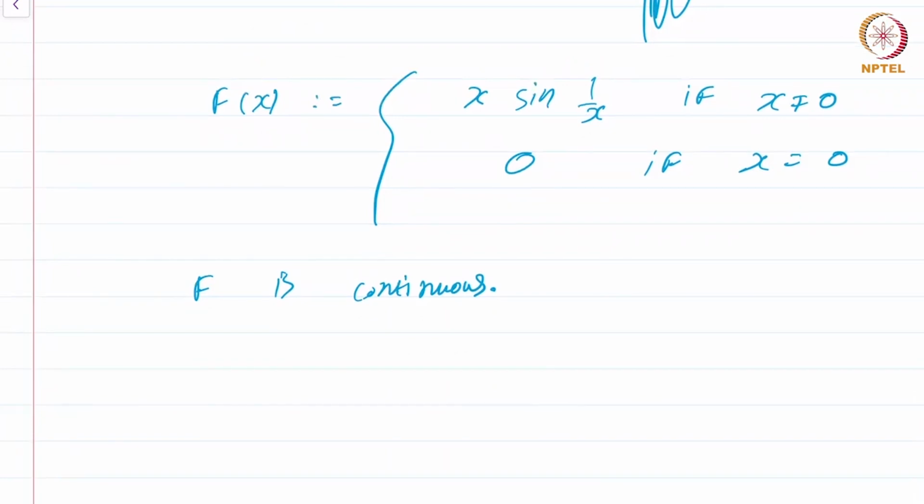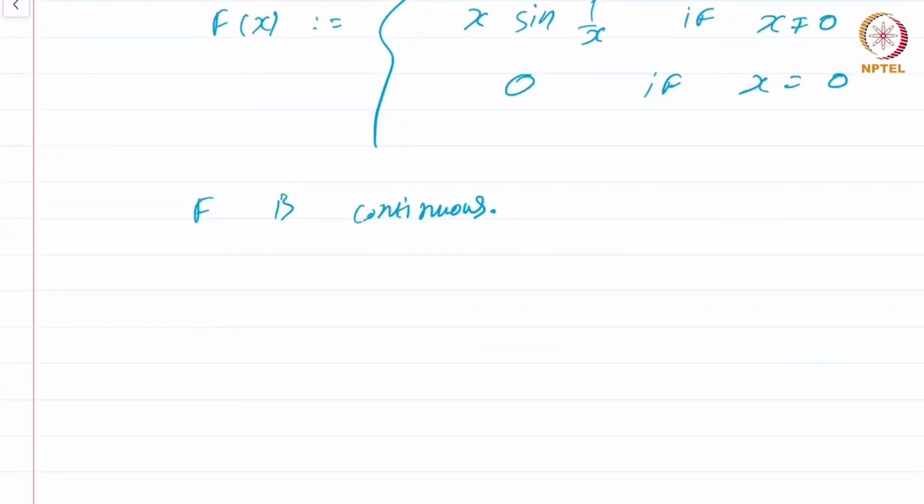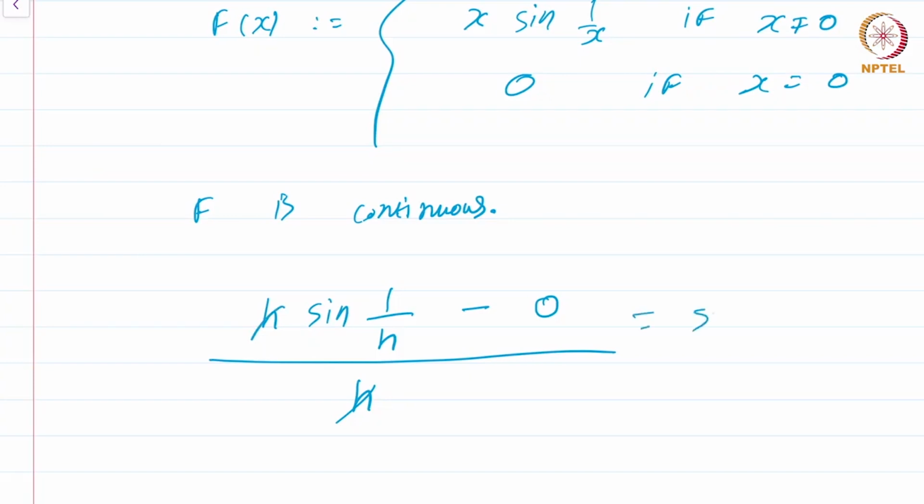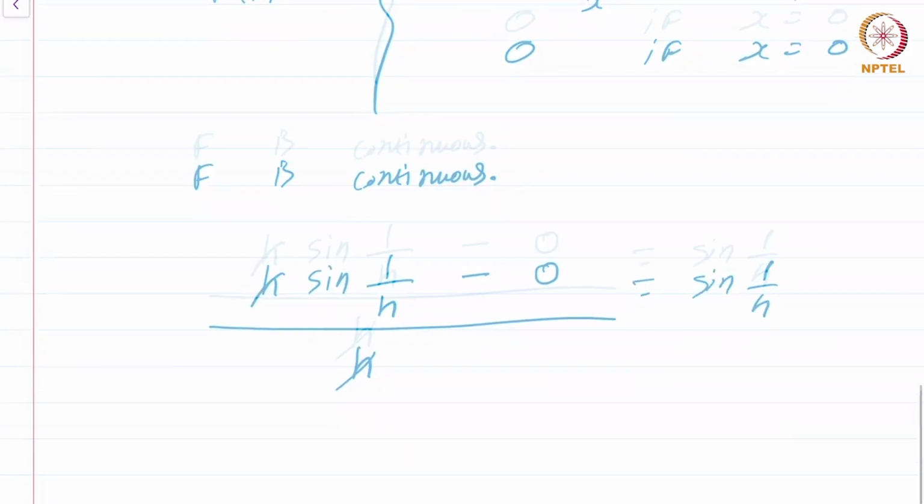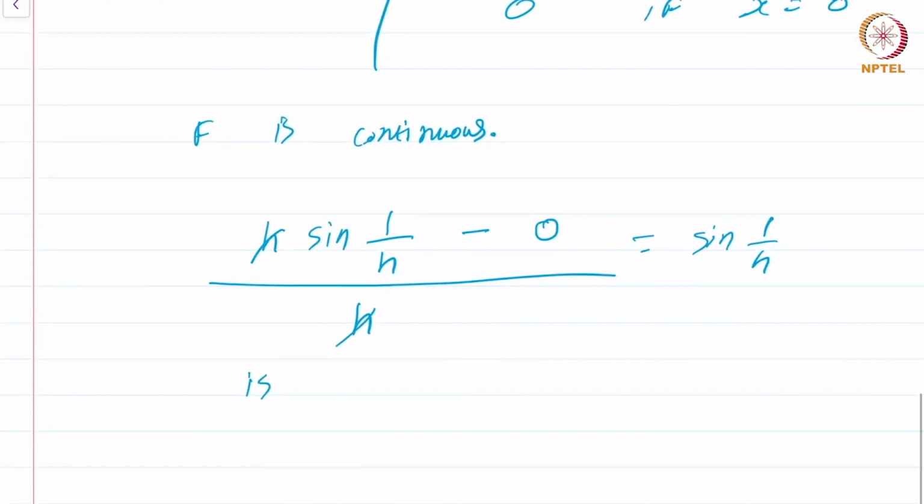Now, let's try to take the derivative at the origin. What you have to do is take h sine 1 by h minus 0, divided by h. This just gives sine 1 by h, and therefore this function f of x is not differentiable at 0.